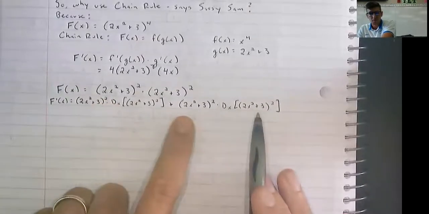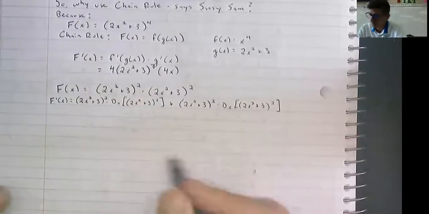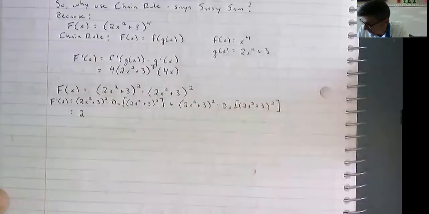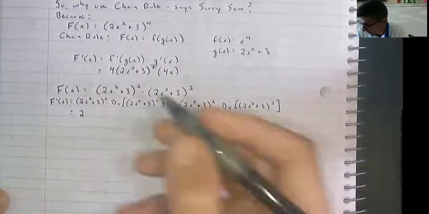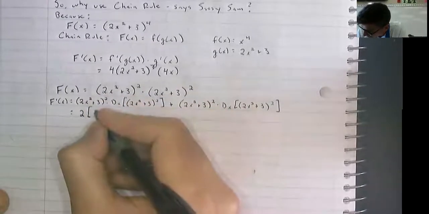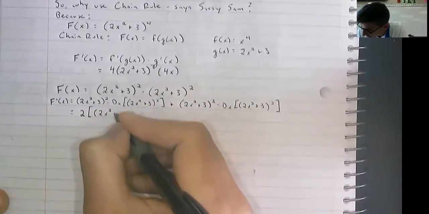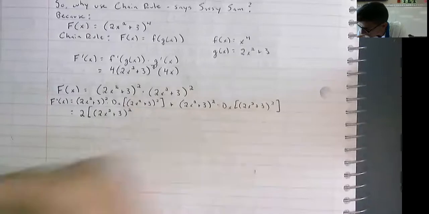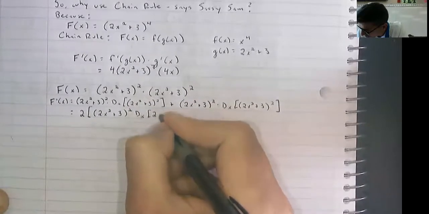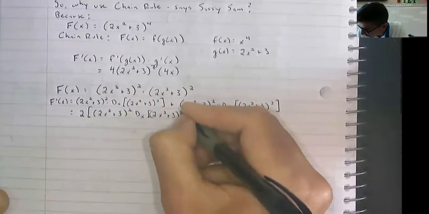This thing plus the same thing is 2 of this thing, which means we can write this as 2, and I don't even know what kind of bracketing symbol we use here. Let's do a big bracket. We've got (2x squared plus 3) squared times the derivative of (2x squared plus 3) squared.